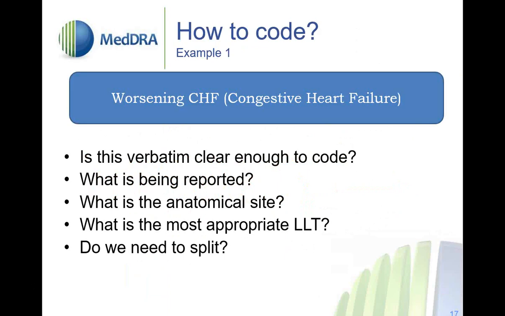In my mind, I think of where in the browser I'm going to look for this specific term, which SOC I'm going to look for in the hierarchy that this term may be residing under. And of course, what is the anatomical site? For worsening congestive heart failure, obviously it's some sort of cardiac disorder. It'll be somewhere in the cardiac SOC. So I have some rough idea where I'm going to start looking.